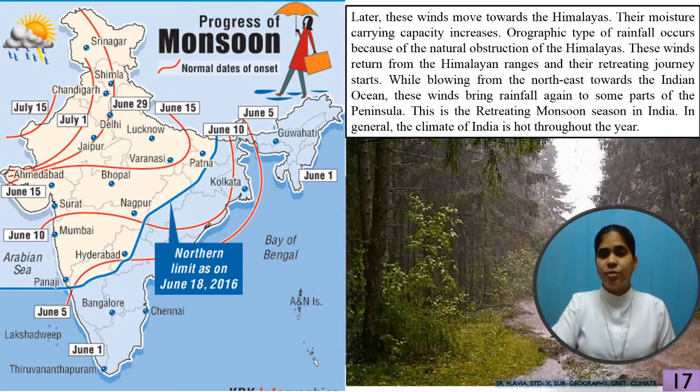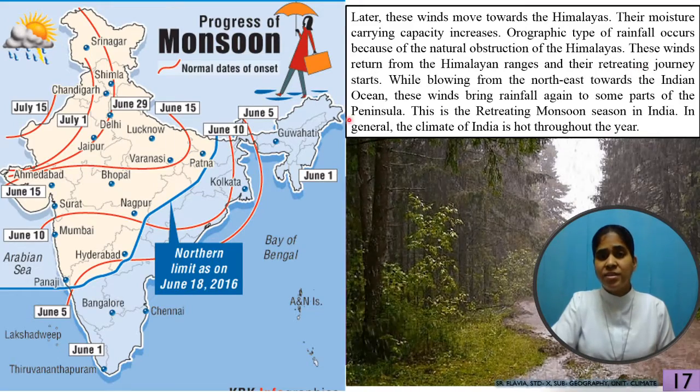Let us continue. Later, these winds move towards the Himalayas. Their moisture carrying capacity increases. Orographic type of rainfall occurs because of the natural obstruction of the Himalayas.